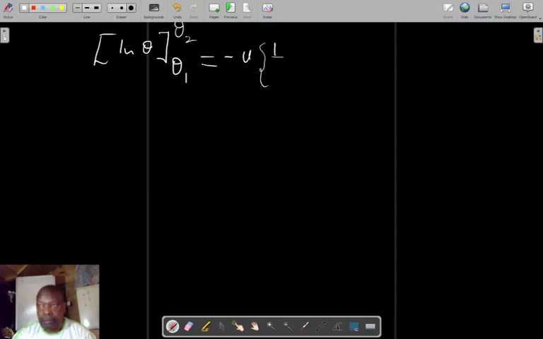So what is the integral of 1 over theta d theta? That is ln of theta. So supposing at 1 we have theta 1 and theta 2, this is equal to minus U times 1 over CH plus 1 over CC. The summation of all small areas between 1 and 2 is the total area A.